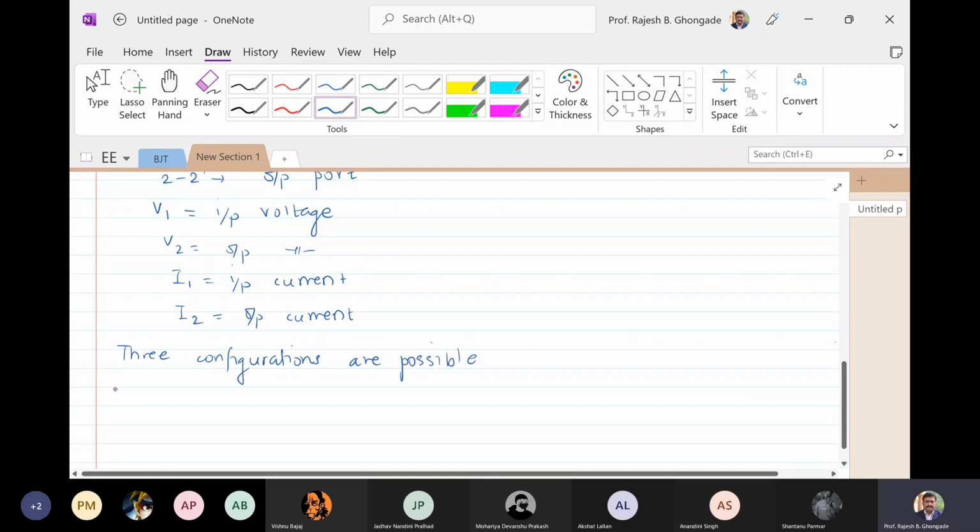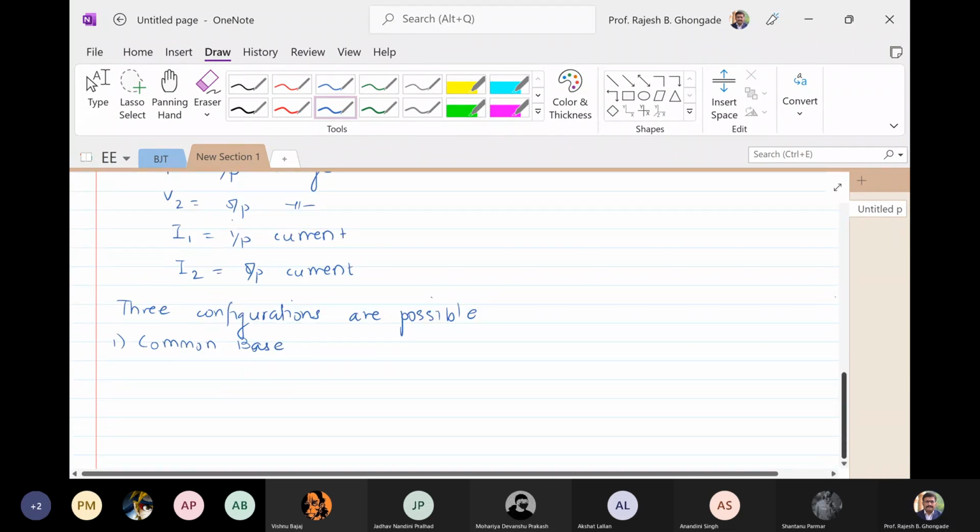What are the three configurations? We can keep the base terminal common, so it is common base configuration. You can keep the emitter as the common terminal between input and output, or keep the collector common.